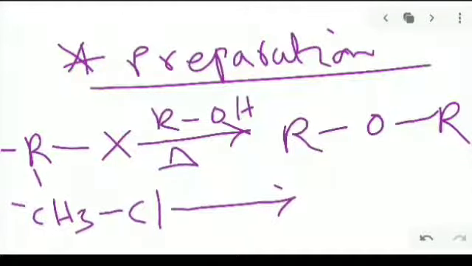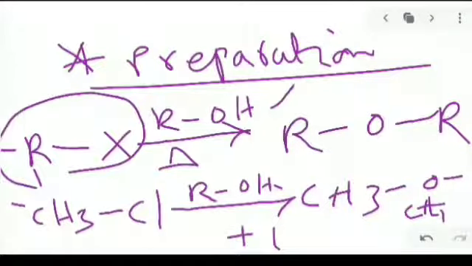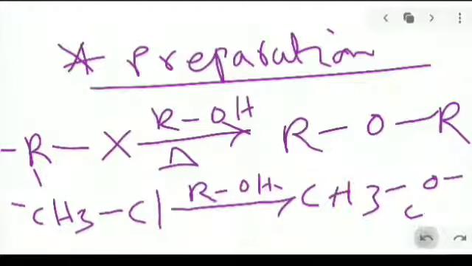Next, in the presence of alcohol, we can get methoxy, here another CH3, and plus HCl will be formed. So this is the first preparation method for ethers: when an alkyl halide is treated with alcohols, we get ethers.